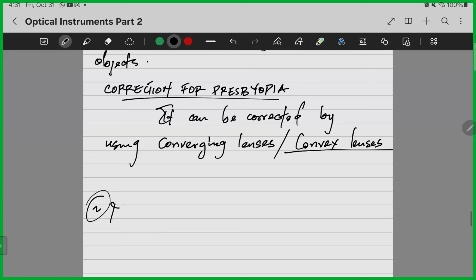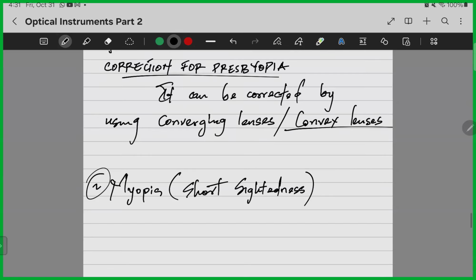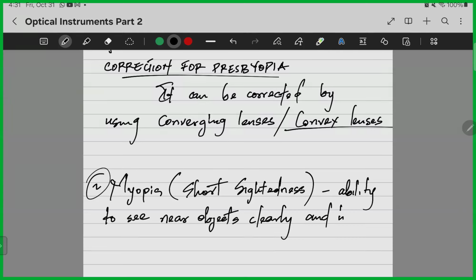Number 2, myopia. Short sightedness. This is the ability to see near objects clearly, an inability to see distant objects clearly.